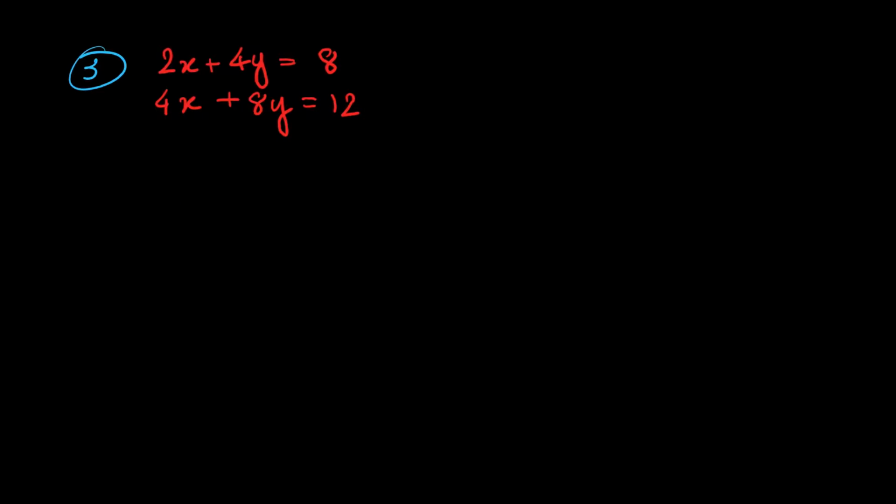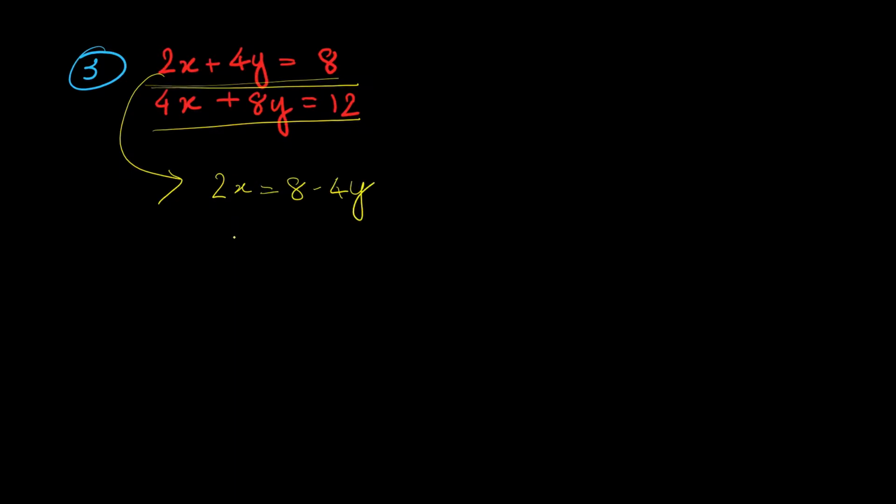Coming to the third one, we have 2x plus 4y is 8 and 4x plus 8y is 12. Now let's write the first one in terms of y. So I'm going to get 2x equals 8 minus 4y, so x is 8 minus 4y by 2.